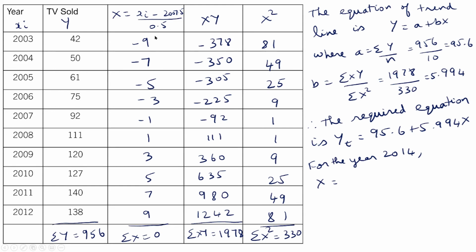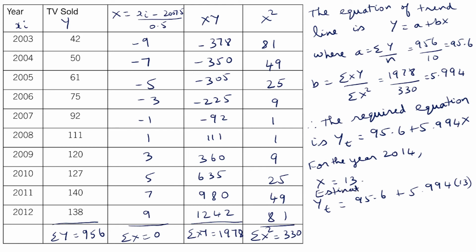So it is 6.5 into 2, so it is 13. So we have yt as 95.6 plus 5.994 into 13.